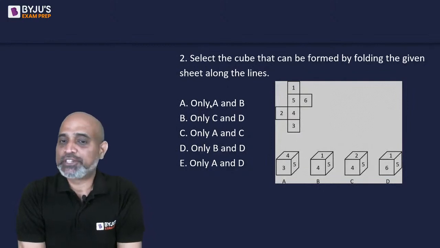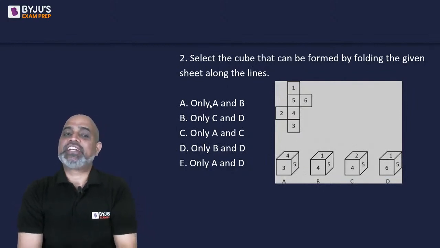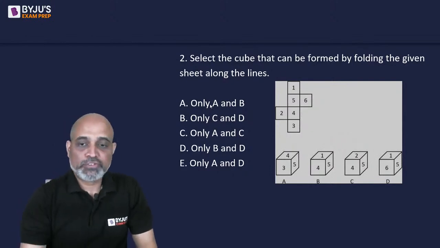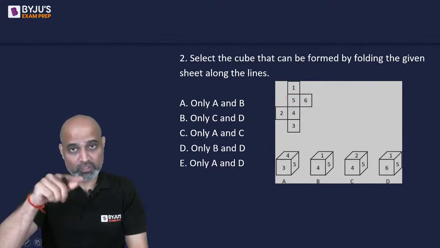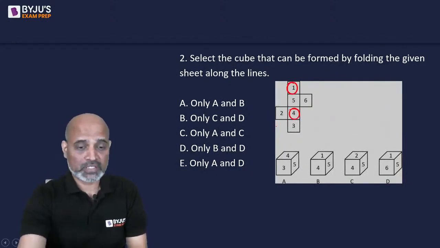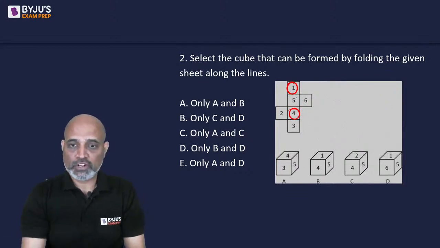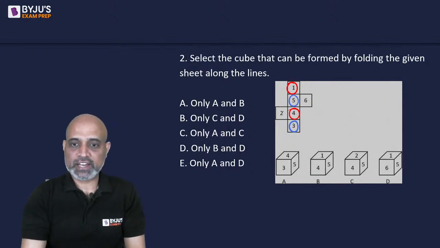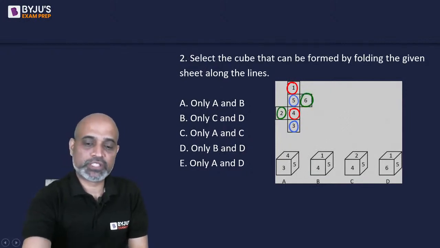So we need to select the cube that can be formed by folding the given sheet along the lines. Like we have done before, the backbone, the column, the alternate cells are opposite to each other. So 1 and 4 are opposite to each other, 5 and 3 are opposite to each other, and then we have got 2 and 6 opposite to each other.